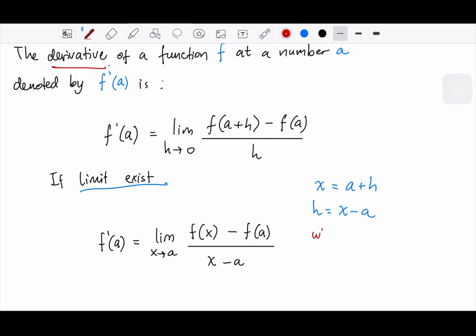So when h approaches 0, then x approaches a. So these two will be the backbone of the derivative concept.